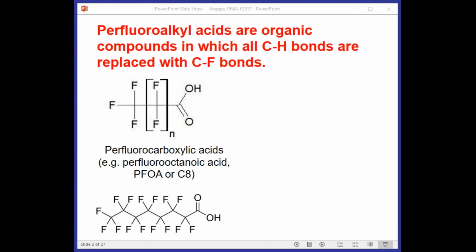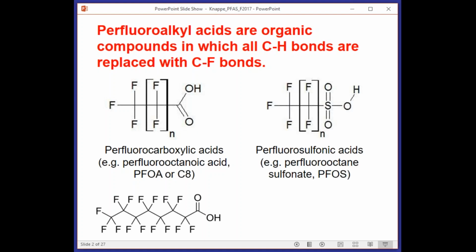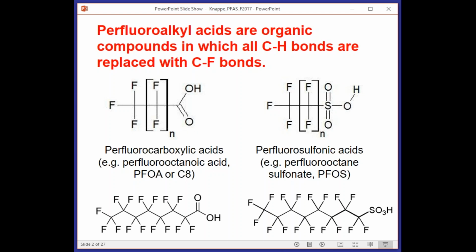Then we have here a structure for the perfluorosulfonic acids. These are compounds where you have a fully fluorinated backbone and then a sulfonic acid group. The most well-studied compound is perfluorooctane sulfonate, or PFOS, which is an important ingredient in older firefighting foams, and that structure is shown here.